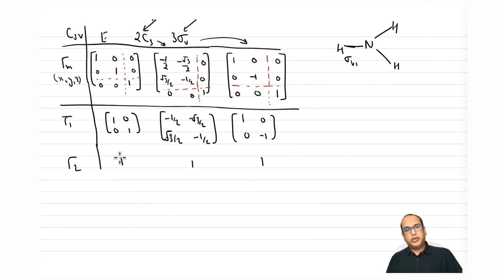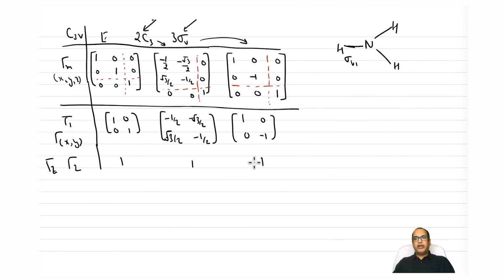As it turns out, the basis for this one is actually Z. You can do the unit vector transformation to see which one gives you 1 1 1 as the matrix element or the character, right? And this one, we will see later how to find the basis sets, but this is a 2-dimensional matrix, and you cannot reduce it further, and the combined basis for this is x comma y.